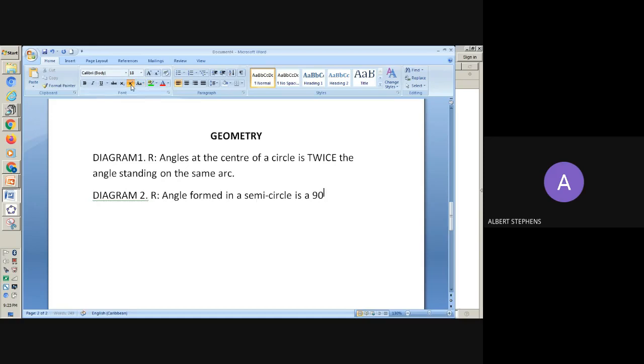You can say that. Or you could say right angle. Any questions?